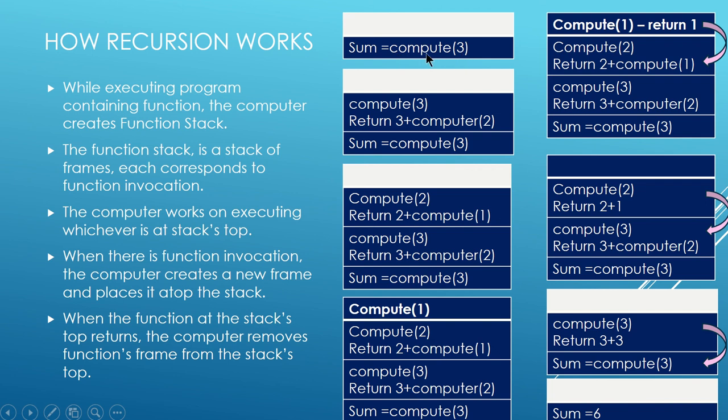So now compute of 3 will start executing this particular function. The condition will be checked and then there is a statement, return 3 plus compute of 2. Here there is a function call statement, so this frame was created.